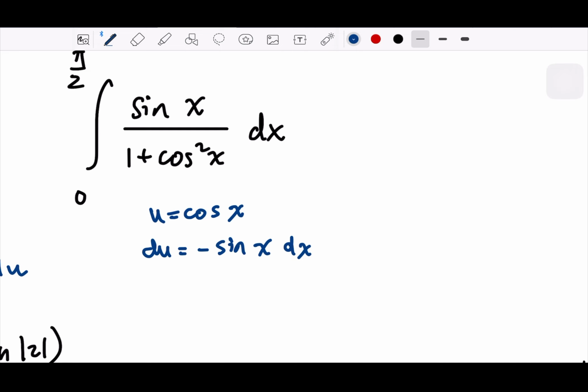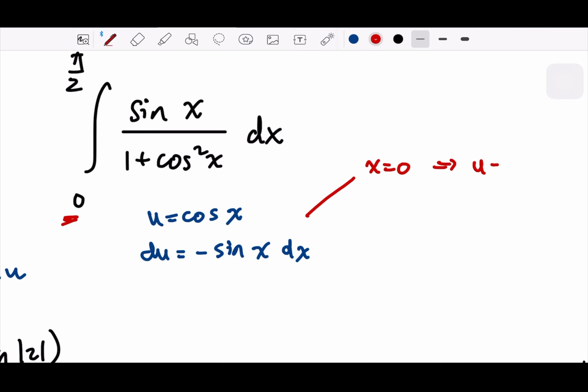If you need to transform all x into u, then I will also transform the limits of the integration. When x is 0, u is cosine 0, which is 1. When x is pi over 2, u is 0.